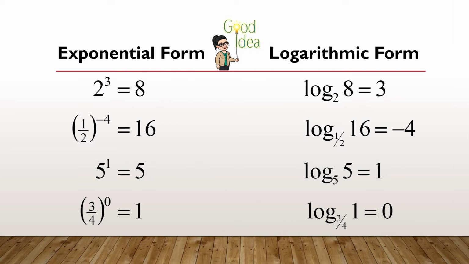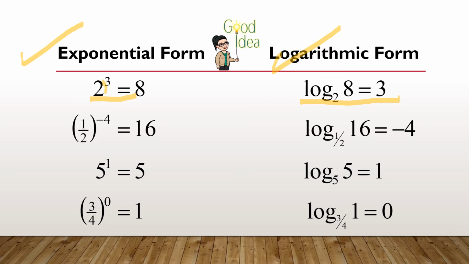Let's have the following example. We have two columns here. Column 1 are exponential forms and column 2 are logarithmic forms. Let us compare: 2 cubed equals 8 is the same as logarithm of 8 to base 2 is equal to 3.